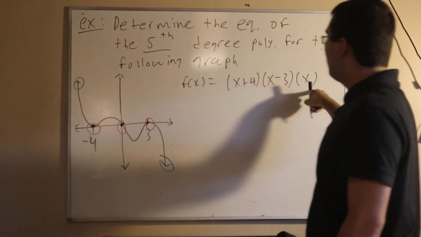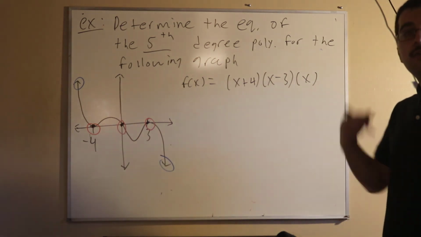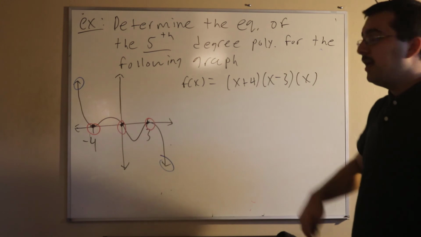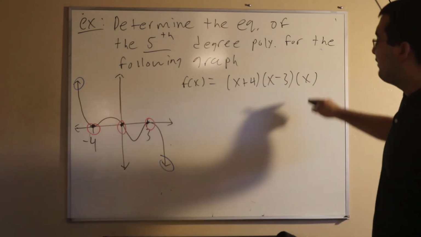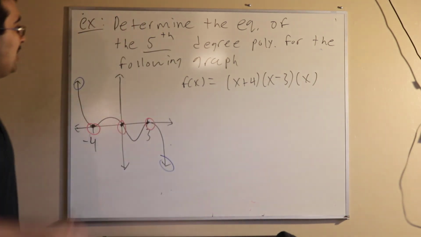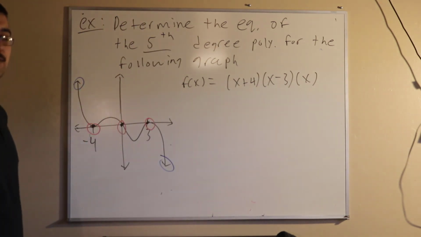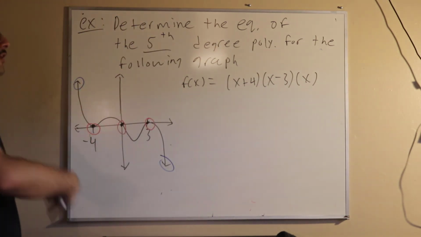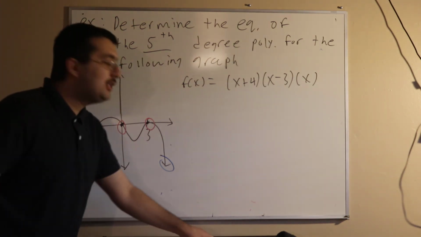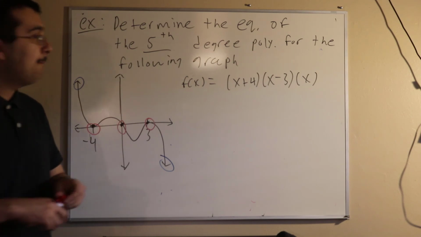Because these three factors generate our three zeros. This makes the zero of -4, this makes the zero of 3, and this makes the zero of 0. That's the first thing we need to identify: zeros make factors. Then we need to address the multiplicity.